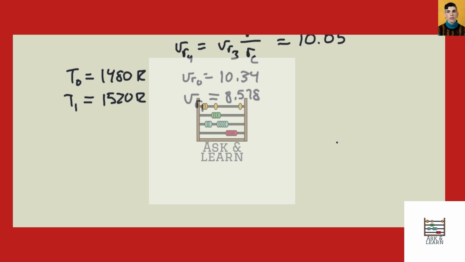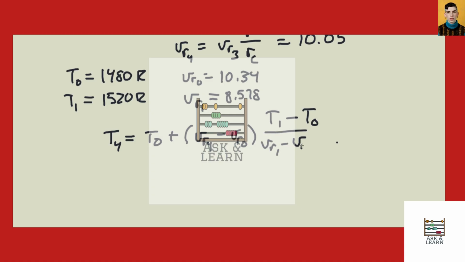So then we use the equation for linear interpolation solved for temperature at 4, which is equal to your initial temperature plus your relative volume at 4 minus your relative volume at 0, times temperature at 1 minus temperature at 0, over relative volume at 1 minus relative volume at 0, and we get a temperature at state 4 of 1495.22 Rankine.